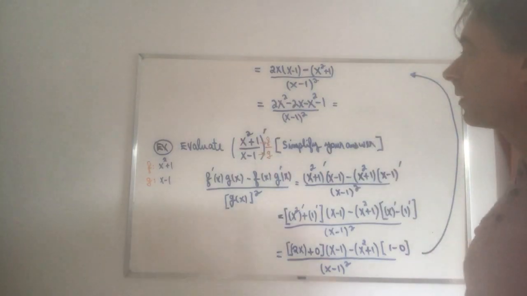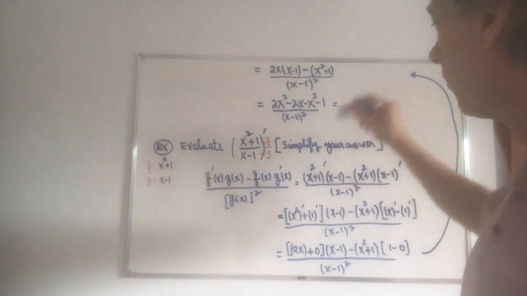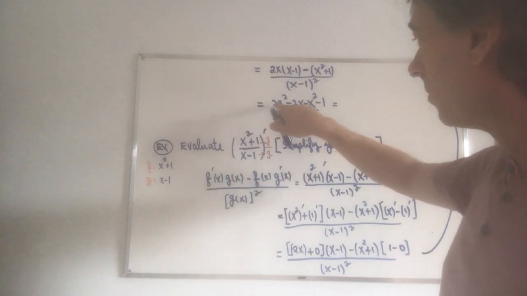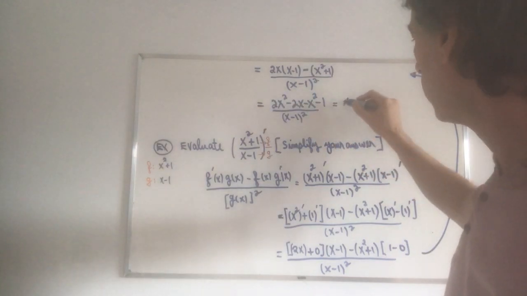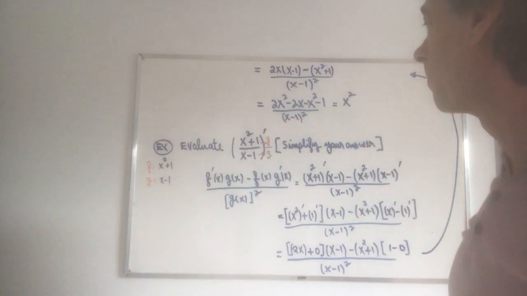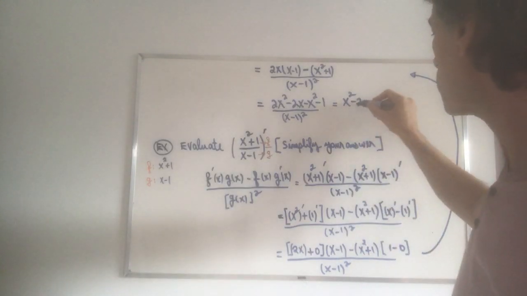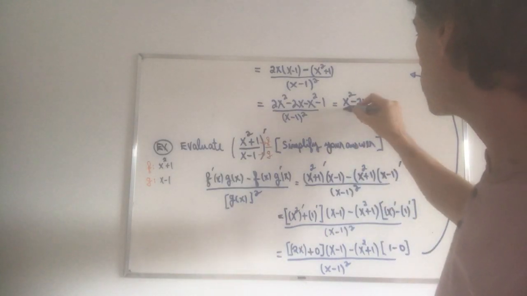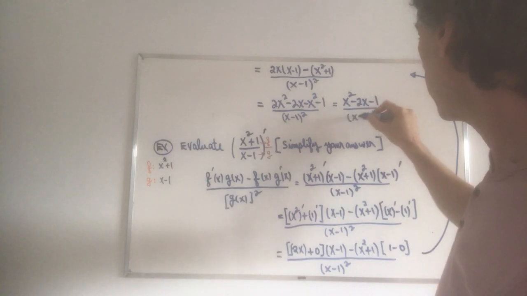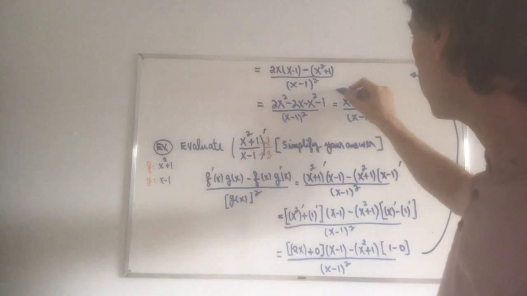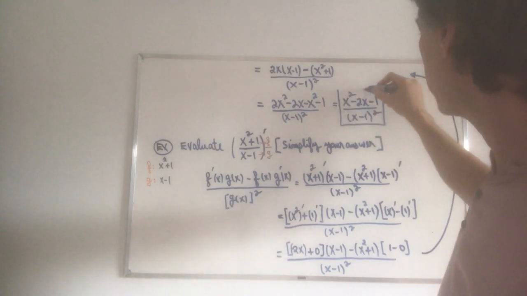All right, I believe we might be ready for a final answer. Collect like terms, 2x squared minus x squared, that is just 1x squared. And then minus 2x, and then minus 1 over x minus 1 squared, and that's a final answer.